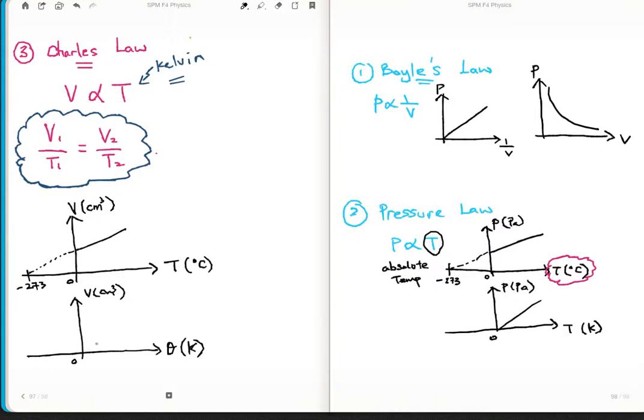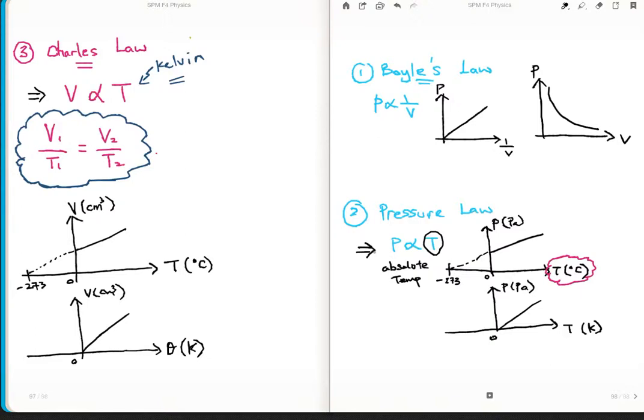It will be directly proportional, right? Here, directly proportional. The same goes here, directly proportional. So this part always comes out in your objective, paper 2 and paper 3, always the case.